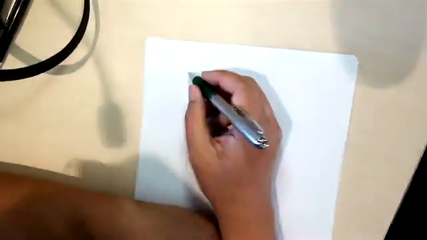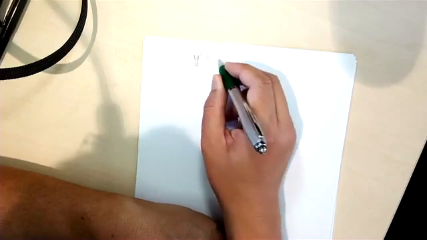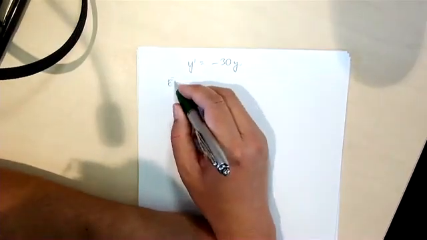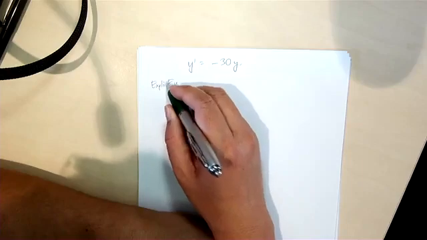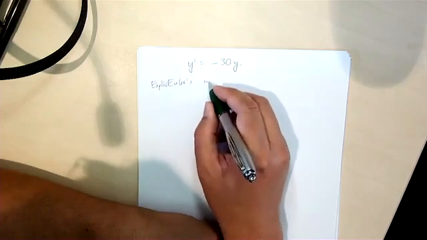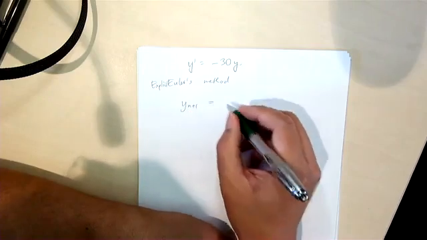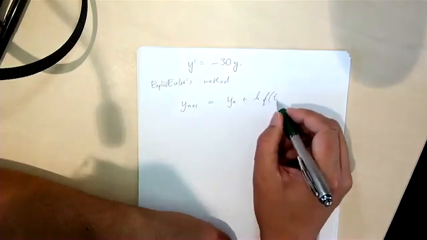If you remember, in this equation you have y prime equals minus 30y, right? So for the explicit Euler's method, y n plus 1 is y n plus h f of t n, y n, right?